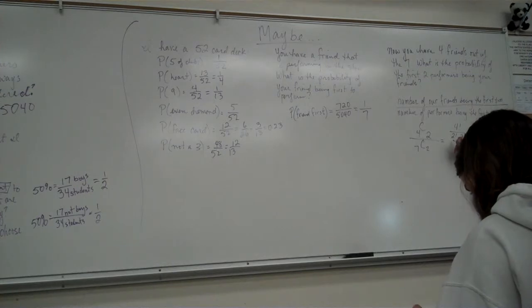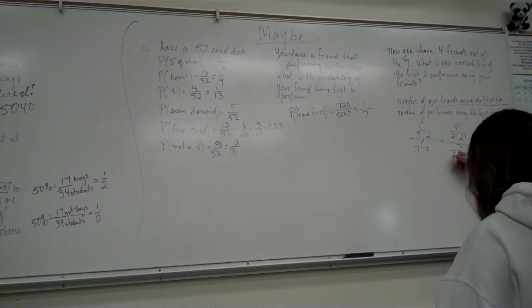Then 7 factorial over 2 factorial and 5 factorial. Perfect.